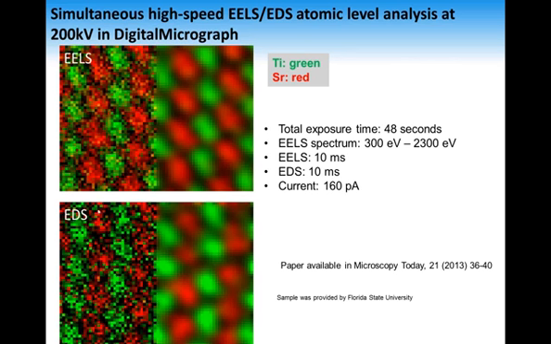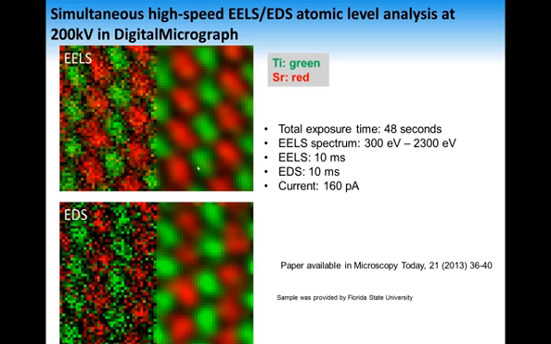Basically, there is too much noise in this data. So you have to filter in order to distinguish the titanium and the strontium columns. You can do the same in EELS as well, although there's no need. The raw data in EELS are good enough to show where the two different atomic columns are located with respect to each other.